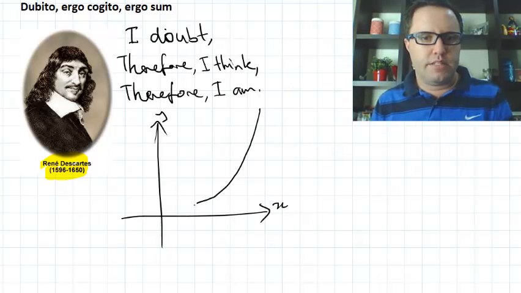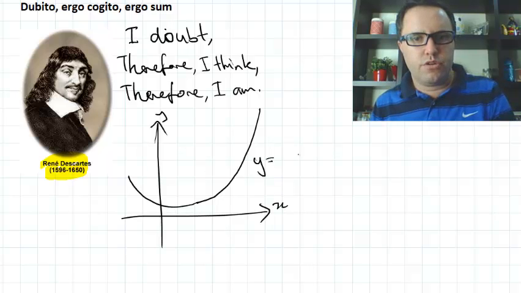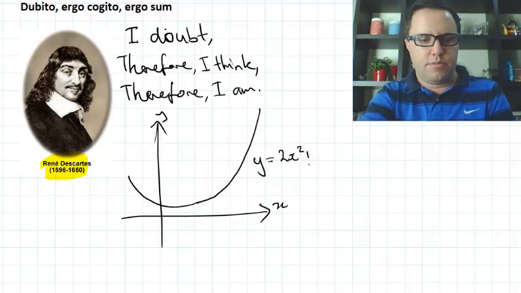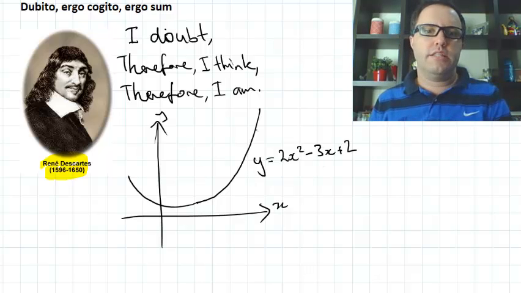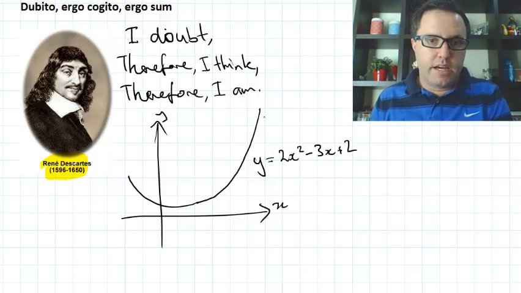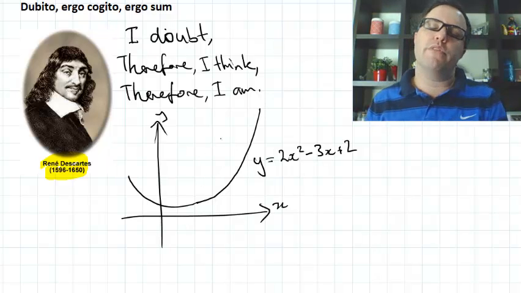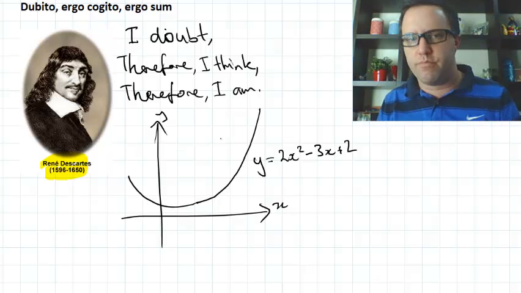For example, we can say this function here, y is equal to 2x squared minus 3x plus 2. So he could say you can represent this algebraic problem as a geometric problem on these Cartesian planes. That was super influential from a mathematics point of view.